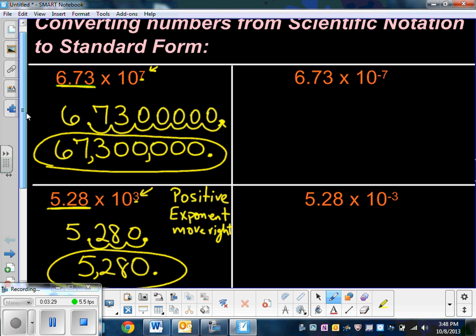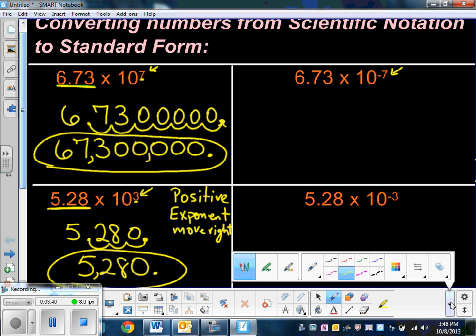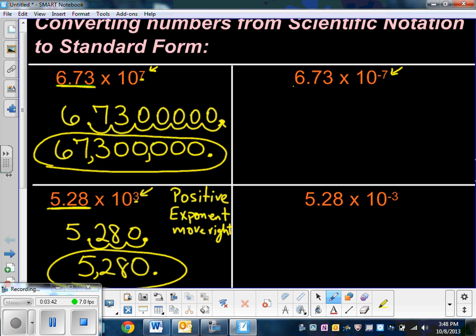Let's take a look at some of them that have negative exponents. And just like before, we're going to follow the same procedure. Take a look at your decimal term first.